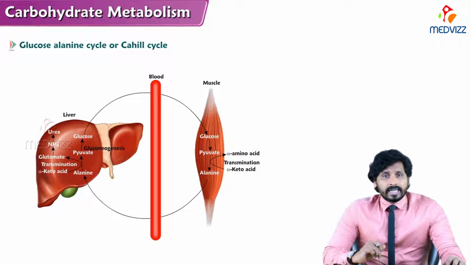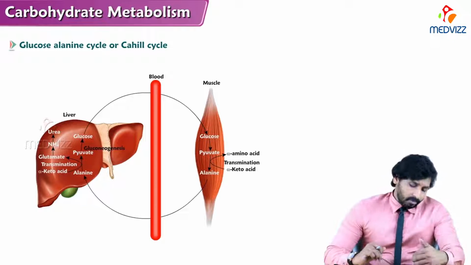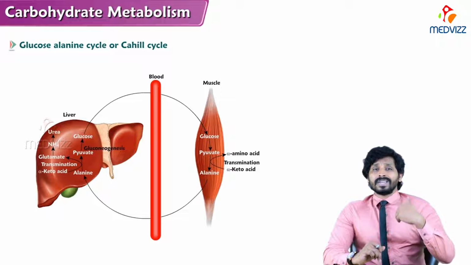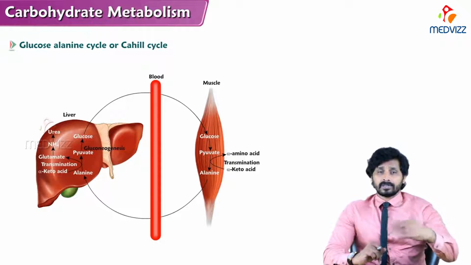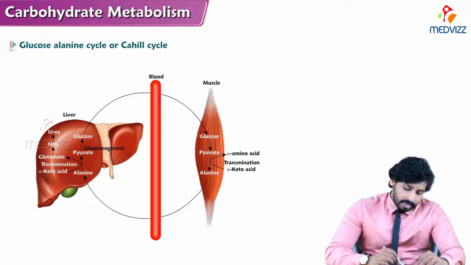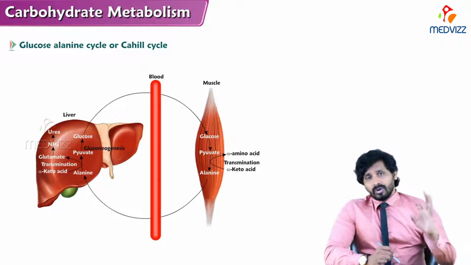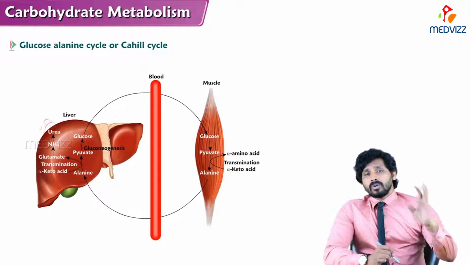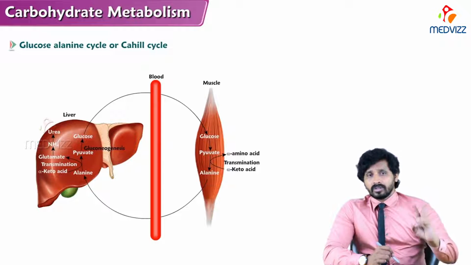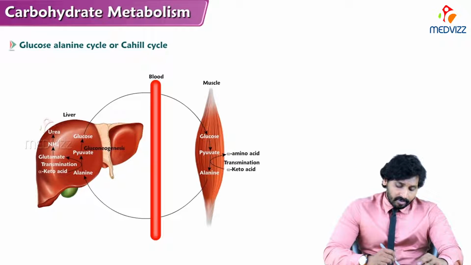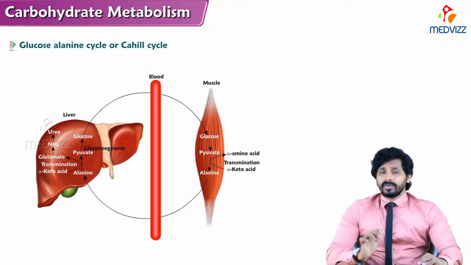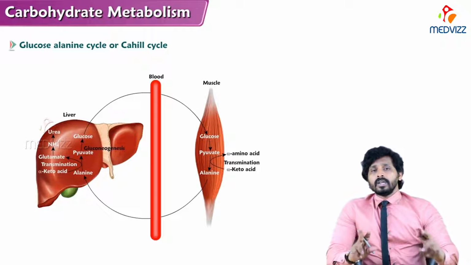Next, the glucose-alanine cycle. This is the synthesis of glucose from non-essential amino acids, that is proteins. So you see what is happening here. Glucose will be converted to pyruvate, and I told you the difference between pyruvate and alanine is the amino group.